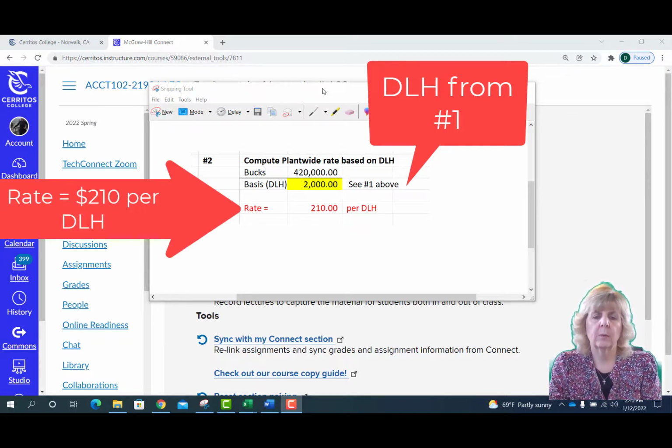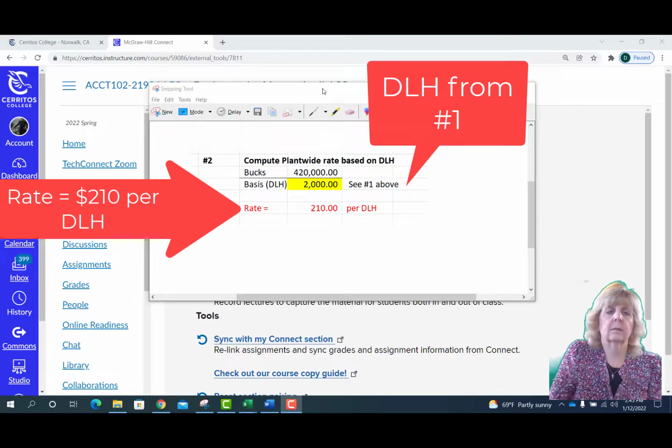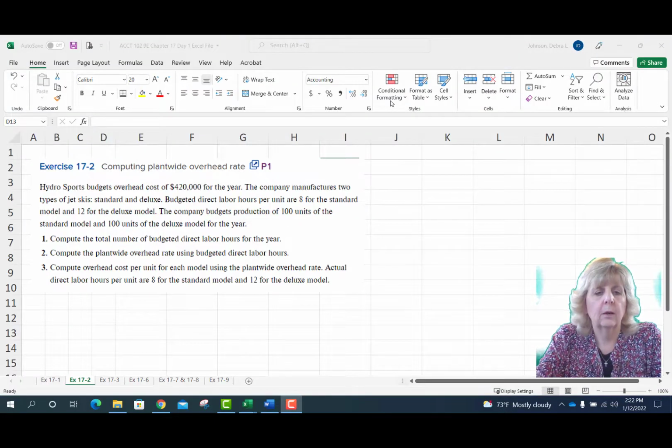This rate will be used company-wide to apply overhead to the various products. And then finally, once you have the single plant-wide rate, you'll be able to push it down to the 2 different models based on the labor hours incurred. Pause the video and I'll come back and show you the solution, and we'll make sure that we're on the same page.